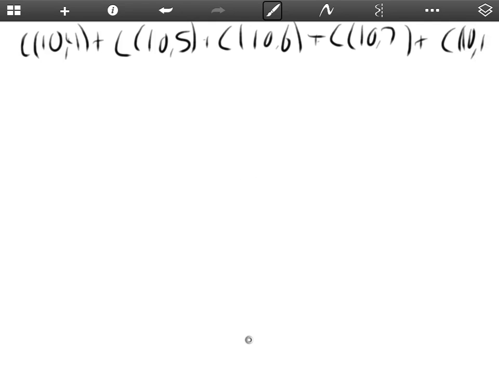We're running out of room. Dot dot dot. So there's a few things: there's C of 10, 8 and C of 10, 9 in between there.